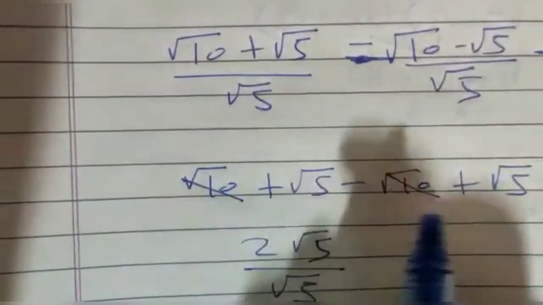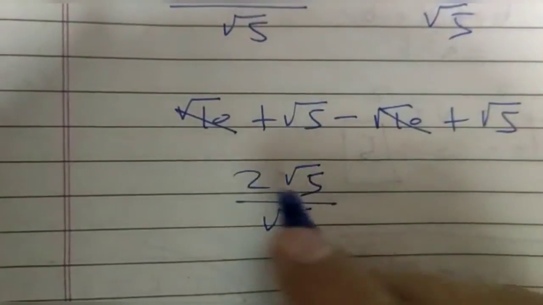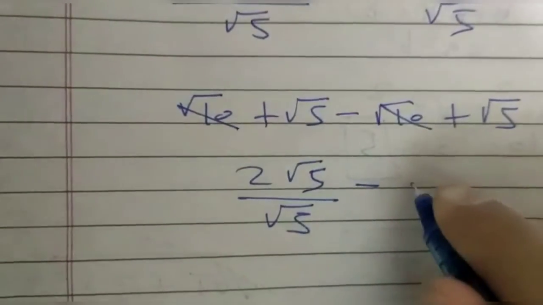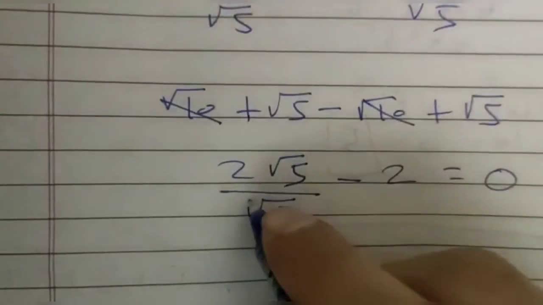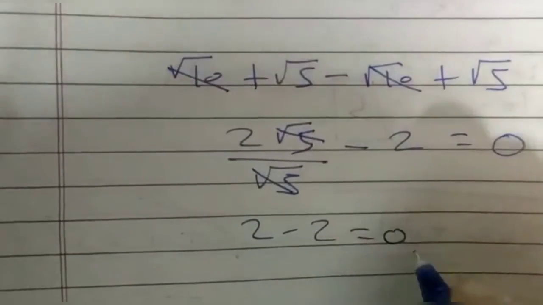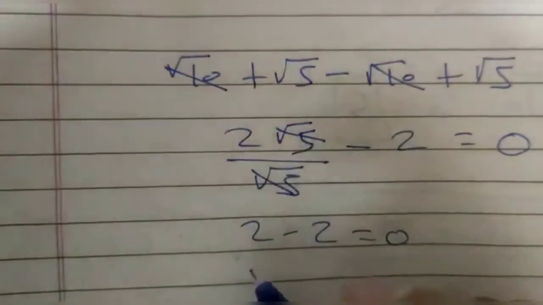I had ignored this denominator in the previous step, but in this step I am writing the denominator because this is the value. Don't forget to write this denominator. Minus 2 equals 0. This root 5 will be cut by this root 5, then 2 minus 2 equals 0. Hence I have proved this equation.